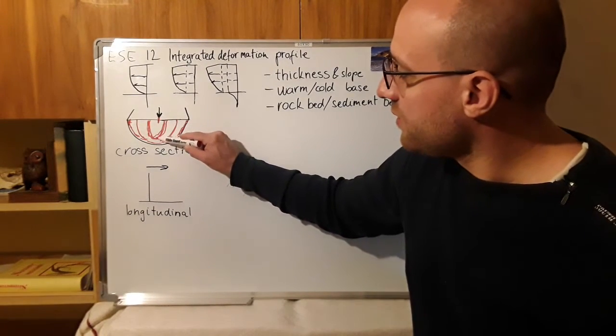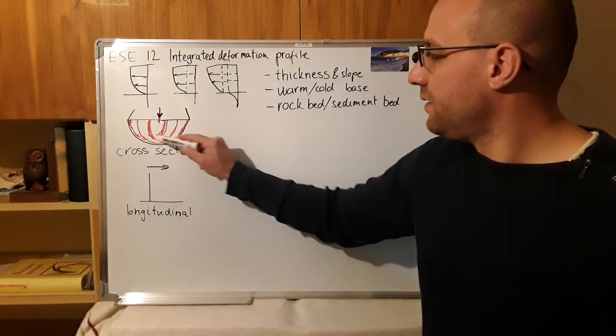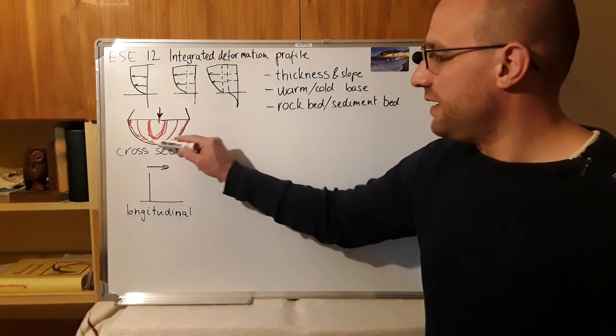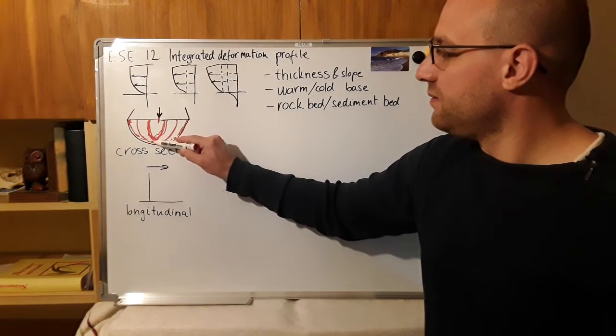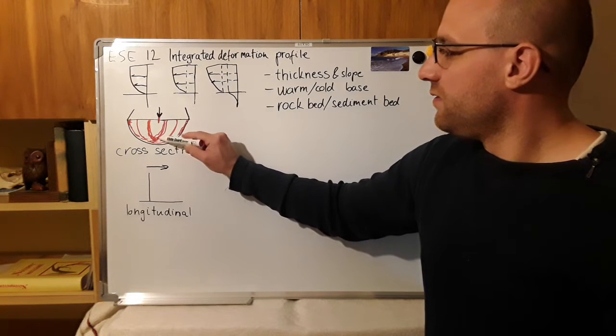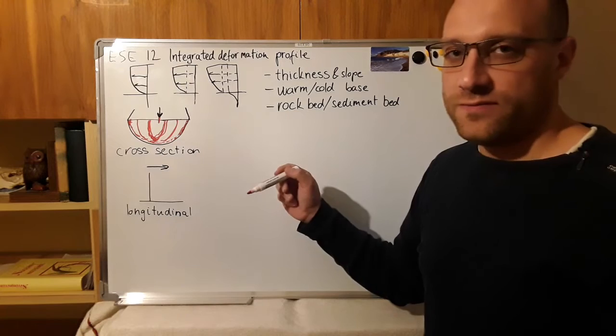depending on where we are from the side of the glacier valley, because on the bottom it will be somewhat faster. So on the side it's going to be slower. What is the reason for that?